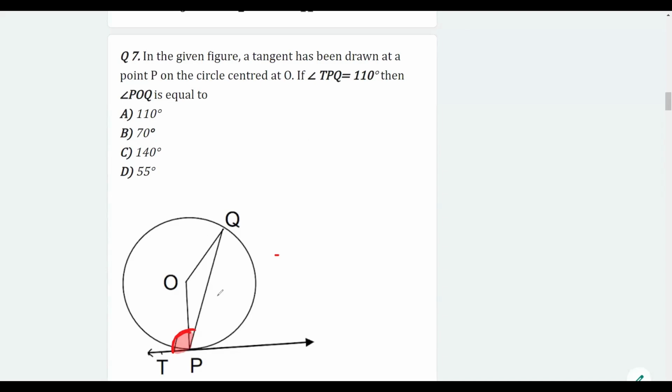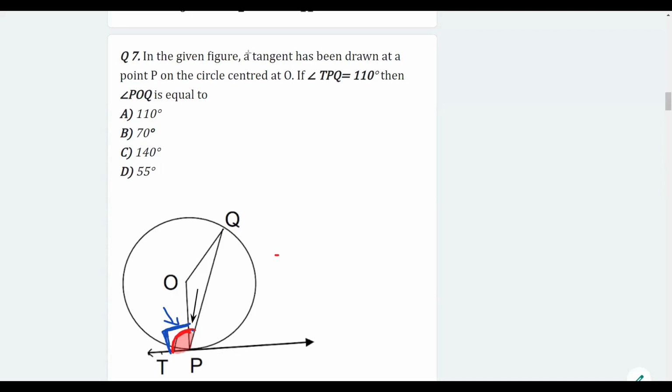What we know is that the radius is perpendicular to the tangent at the point of contact. So we can say that this angle is 90 degrees. The whole angle is 110 and this much is 90 degrees, so we can find this remaining angle.